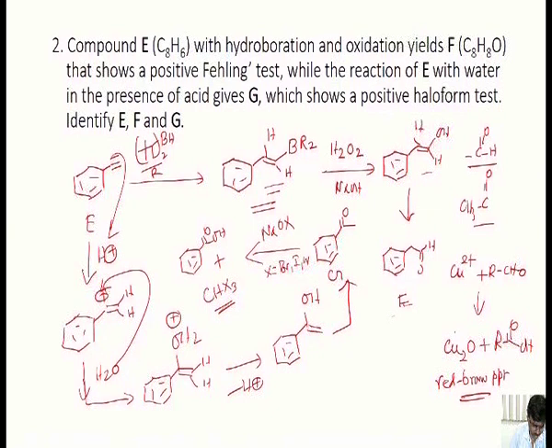On the other hand, phenylacetylene can undergo addition with water, hydration, in the presence of acid to give this enol. This will convert into a ketone. This ketone can be converted into carboxylic acid and haloform by reacting with sodium hypohalite, and the structure of compound G is shown here. This is acetophenone.